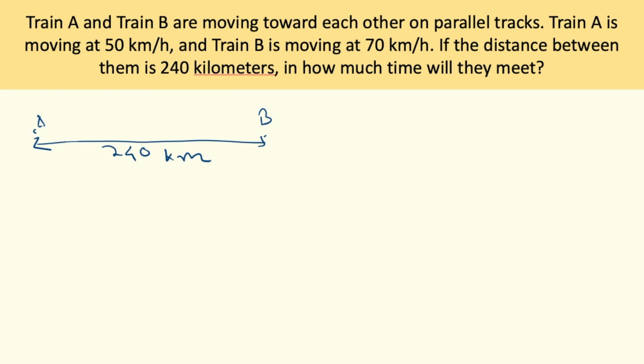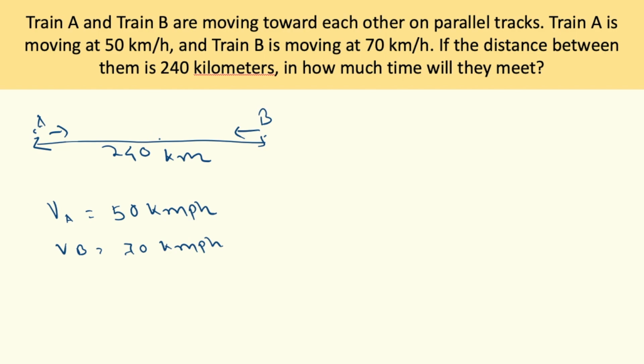Now, the speed of train A, VA, is 50 kmph and the speed of train B is 70 kmph. As they are moving towards each other, that means they are trying to close the gap between them.